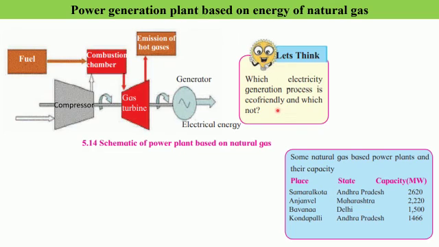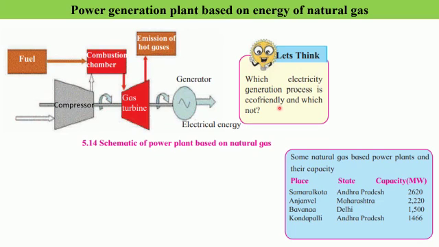Whereas the electricity generation process that causes pollution in the environment is not eco-friendly. We have seen in the case of thermal power plants and nuclear power plants that they cause pollution in the environment. A thermal power plant gives out smoke, whereas for nuclear power plants there is always a threat regarding the disposal of nuclear waste.